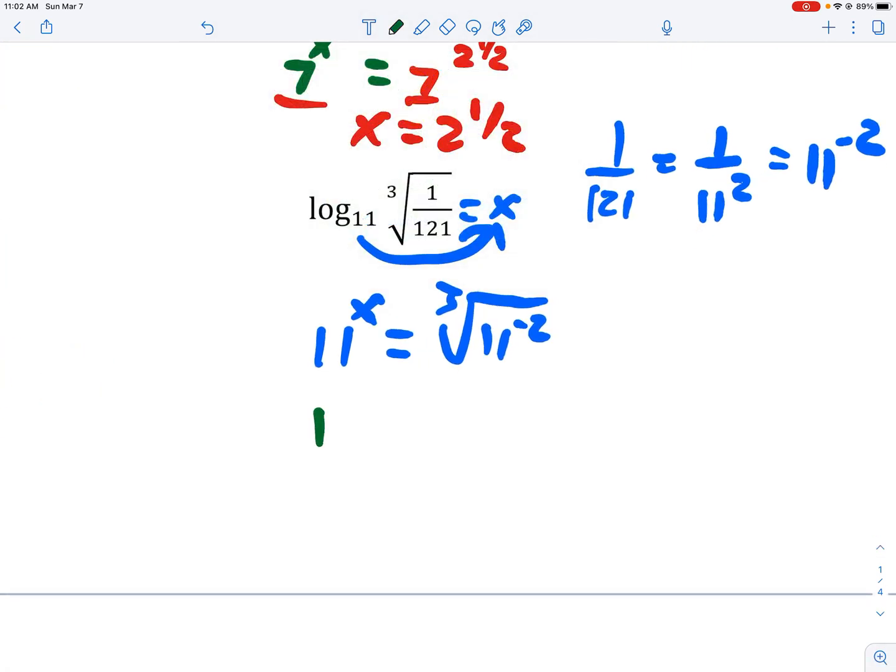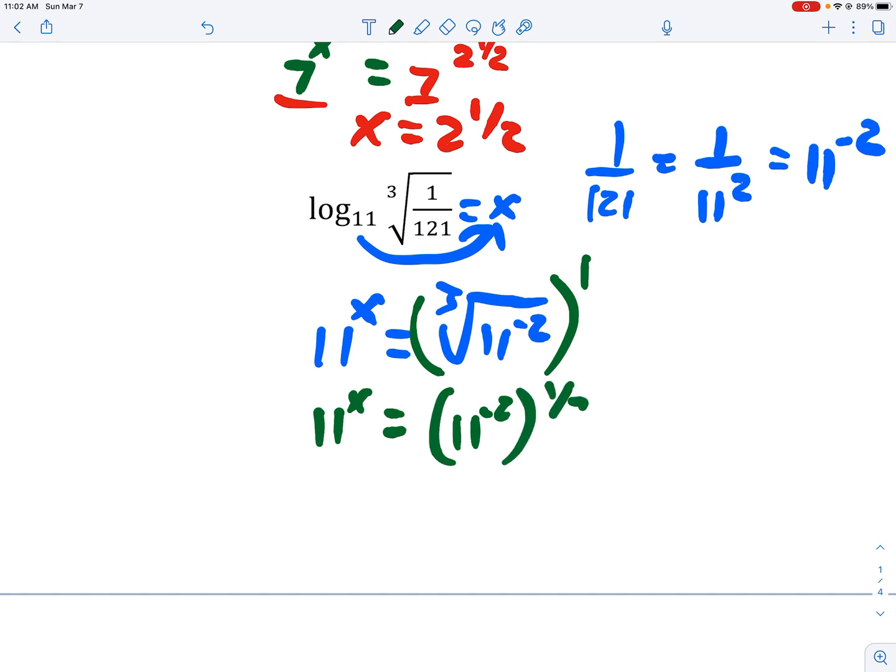So this is still 11 to the x equals. So you're taking the cube root of 11 to the negative 2, you're doing it one time. So 11 to the negative 2 is going to be raised to the 1/3 power, because the cube root is going to be the denominator, the 3, and you're doing it one time, so that's the numerator.